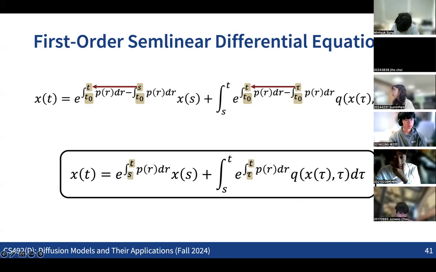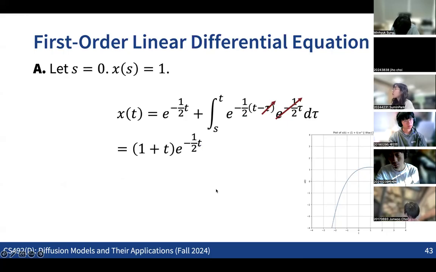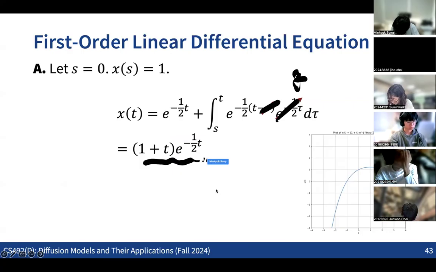So basically what we can see is that we know that x_0 should be 1, right? So we can just take this s to be 0. If we take s to be 0, then the whole formulation becomes like this. And from the definitions of g, you can cancel these two out. Then we can see that the function looks like this: 1 plus t times the exponential term.